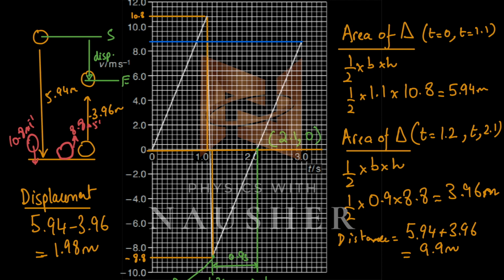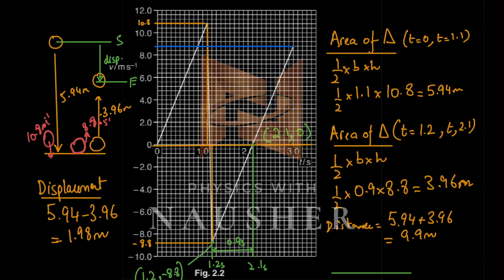So again, when I calculate the area of this triangle, it's half into base into height. Base is this length, which is 0.9, 2.1 minus 1.2, and the height is 8.8 meters. So you get 3.96 meters on the way back.